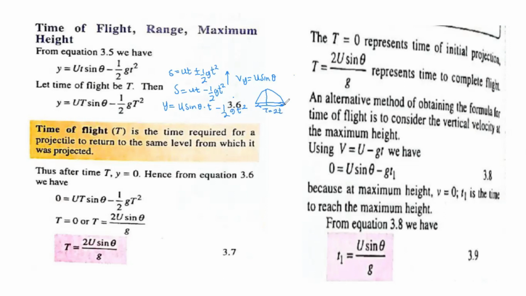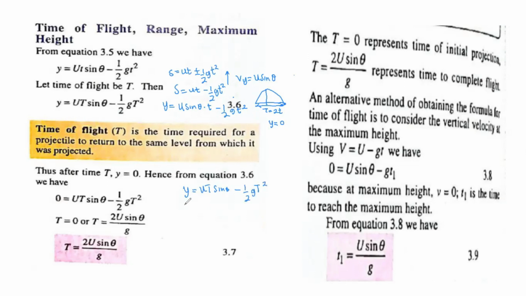At this particular time of flight, the height has become 0. So instead of small t, it becomes y equals u big T sin theta minus half g T squared. So they changed it to the time of flight.